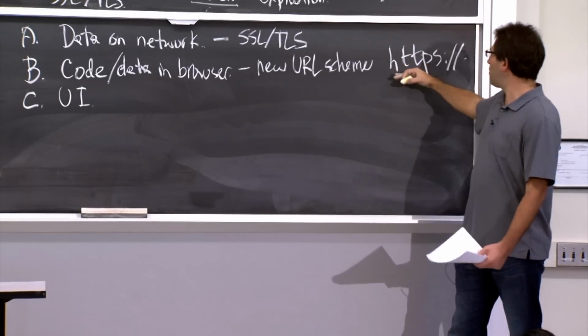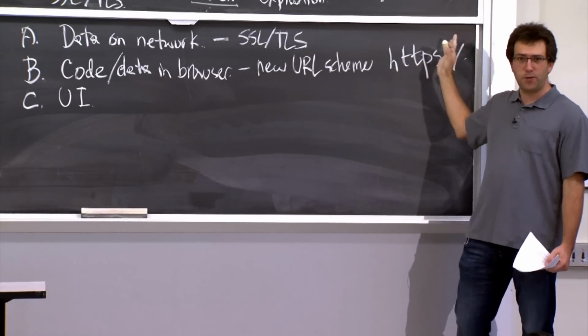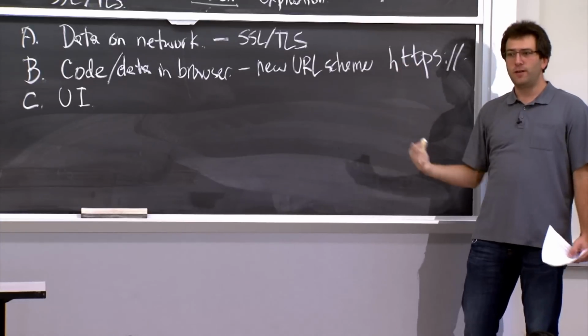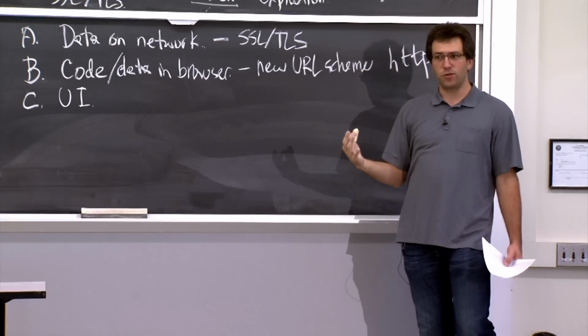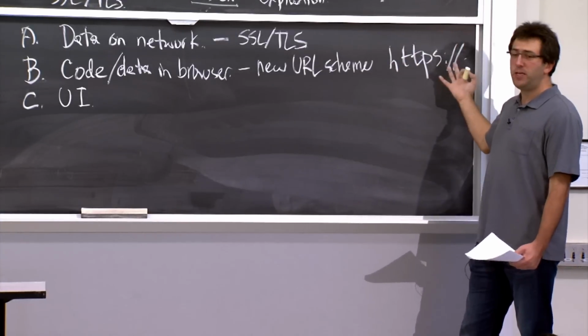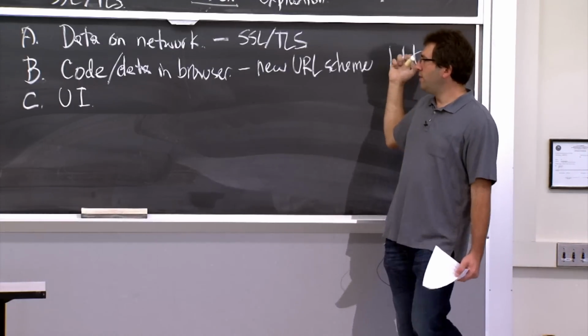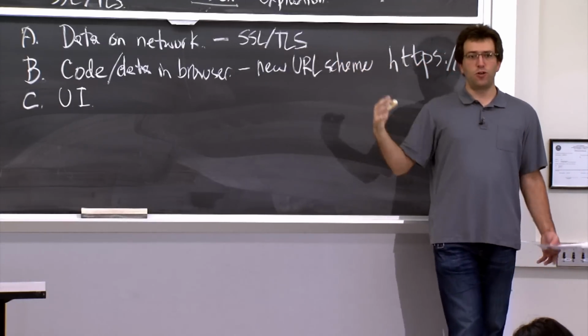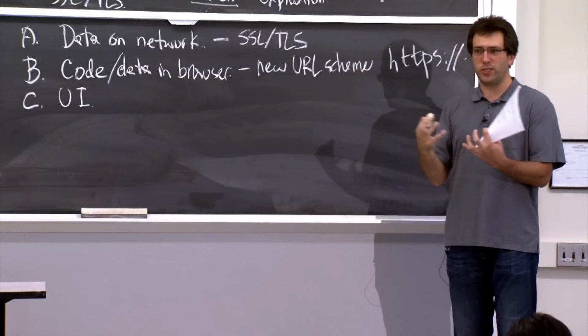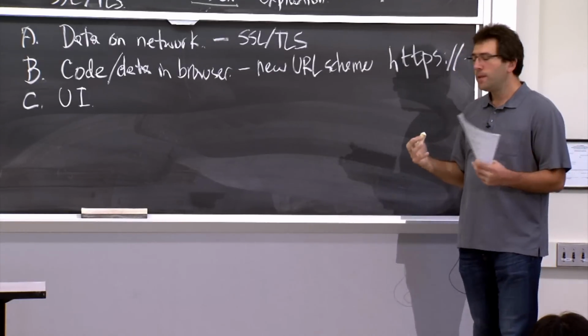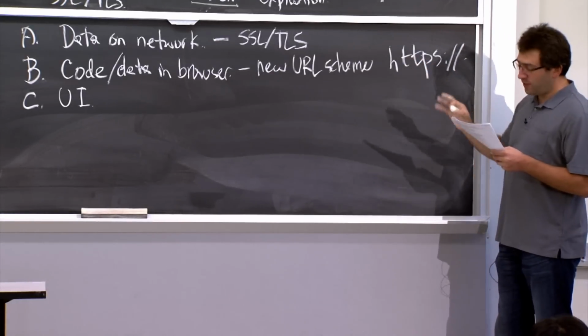So if you have a URL that's HTTPS: something something, it's a different origin as far as the same origin policy is concerned from regular HTTP URLs. HTTP URLs go over unencrypted connections, while these things are going over SSL/TLS. So you'll never confuse the two if the same origin policy does its job correctly. So that's one bit of the puzzle.